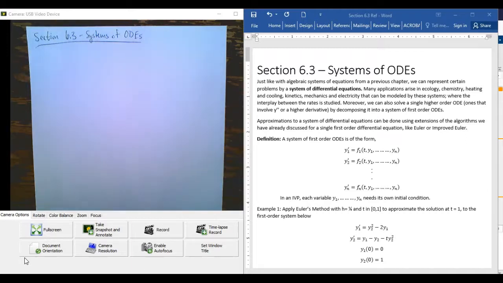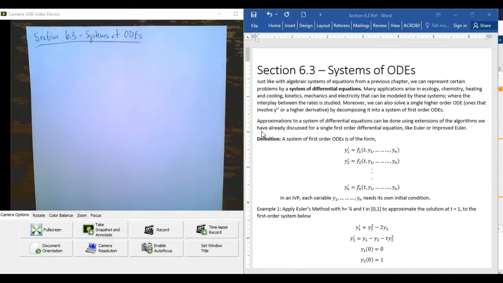We can also solve higher order ordinary differential equations by decomposing them into a system of first order ODEs. In order to solve these numerically, we just use Euler's method and improved Euler, or the trapezoid method, that we saw in the last couple of sections.